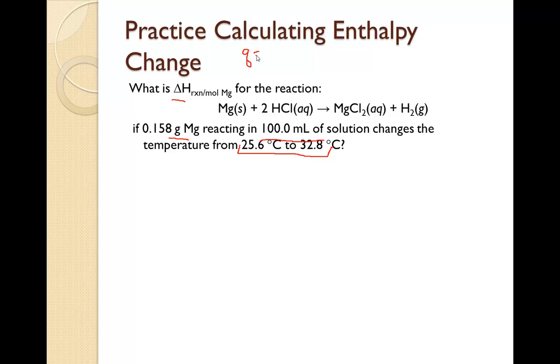And we know that the Q is the C m delta T. Because this is the calorimetry and it's in a solution, I can use C being 4.18. The delta T is really easy. 32.8 minus 25.6. That comes out to be 7.2.